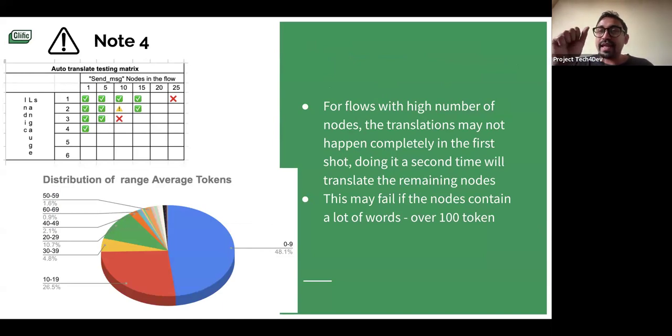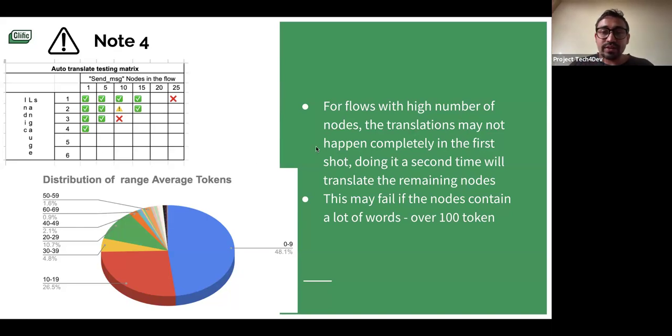When you auto translate the first time, only let's say 50% of the flow will get translated, and you will see some of the nodes will be empty in the translations column. If you click translate again, only the remaining empty things will get translated. So when you get an incomplete translation, just do it one or two more times, so that all the nodes get translated.